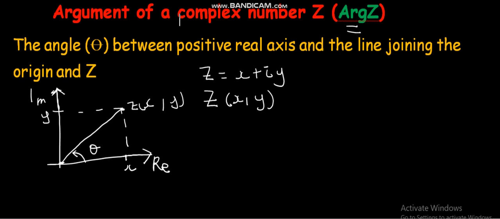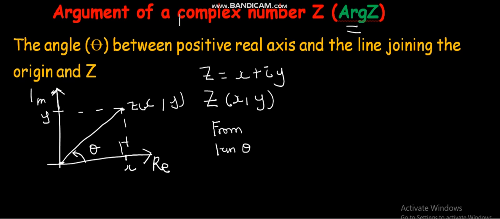Now from trigonometry, we know that tan of theta, so we are talking about this theta, we are having our right angled triangle.